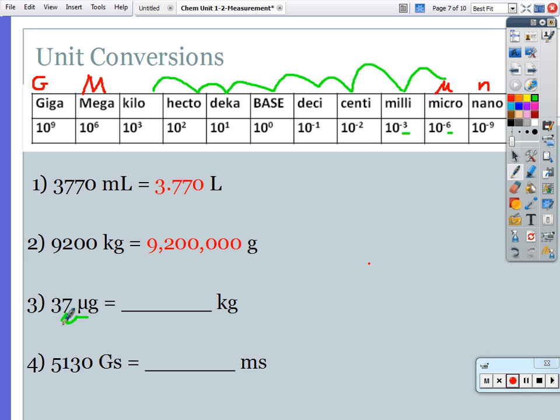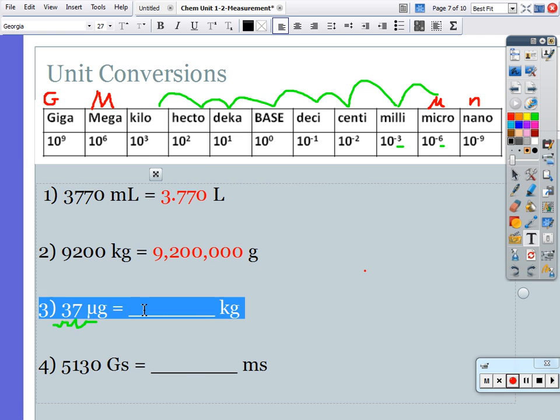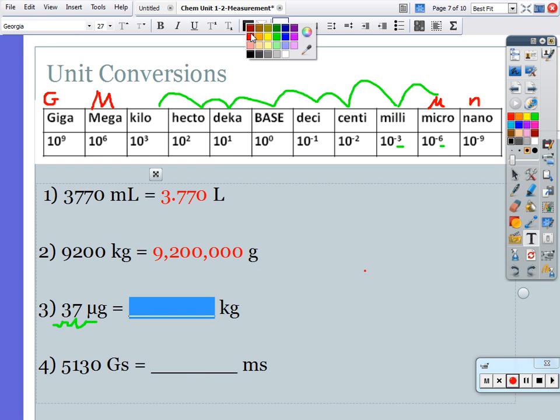So I'm going 1, 2, and I run out. I still got to move 7 more. So I'm going to have a bunch of zeros. I'm actually going to have 7 zeros here. So I'm going to add 7 zeros in front of the decimal. 1, 2, 3, 4, 5, 6, 7.